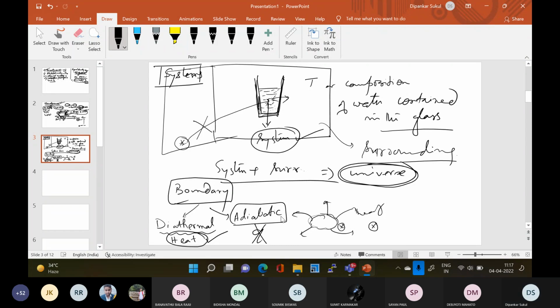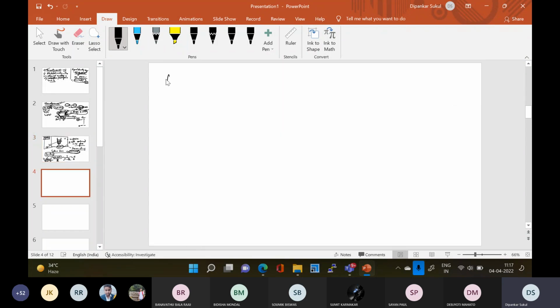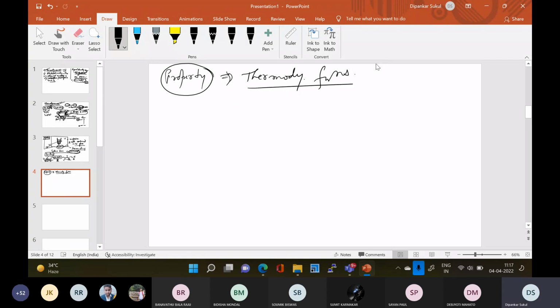Now, what is the property of the system? Properties are thermodynamic functions by which one can define the state of the system.